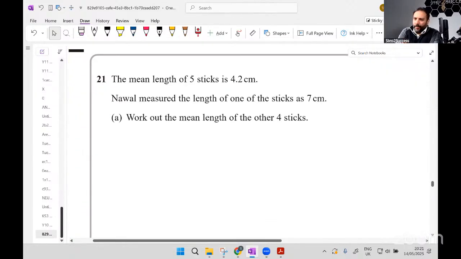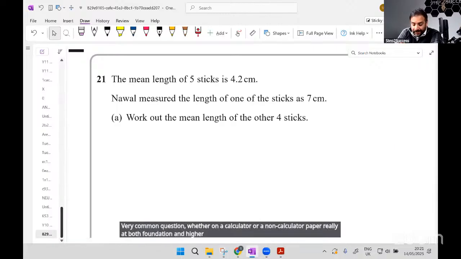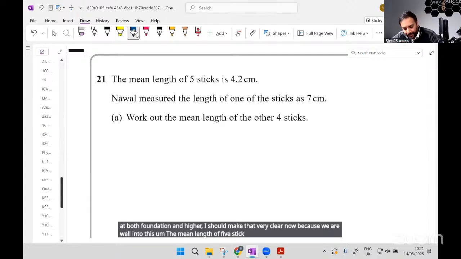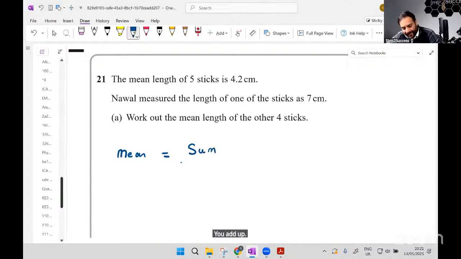Very common question, whether on a calculator or a non-calculator paper, really, at both foundation and higher, I should make that very clear now, because we are well into this. The mean length of 5 sticks is 4.2 centimeters. To calculate the mean, you add up some numbers and divide by how many numbers there are.